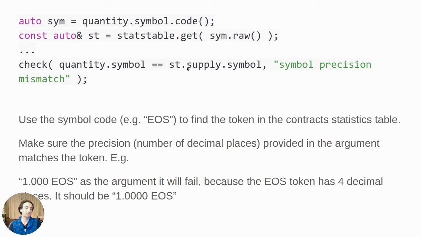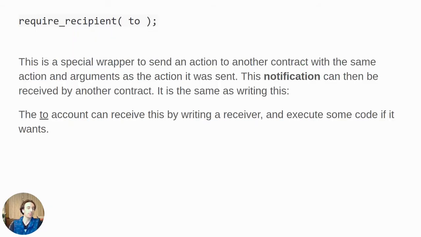So, for example, the EOS asset on the EOS blockchain has 4 decimal place precision. So if you used 1.000 EOS, that would fail on the EOS blockchain for the EOS asset. It should be 1.0000 EOS. That's 4 decimal places. That's a common gotcha when trying to send arguments to the EOS blockchain.